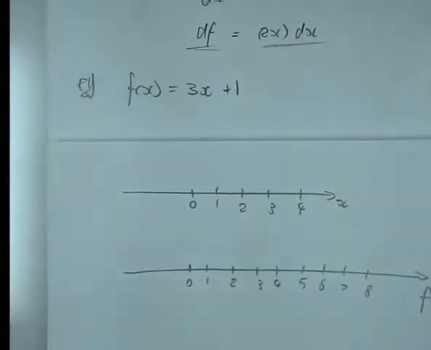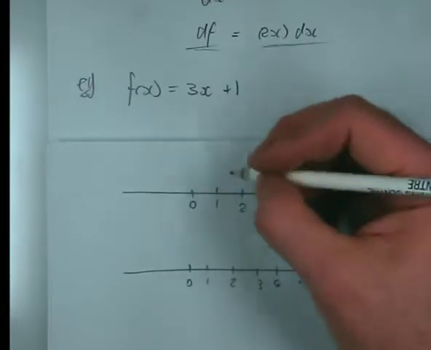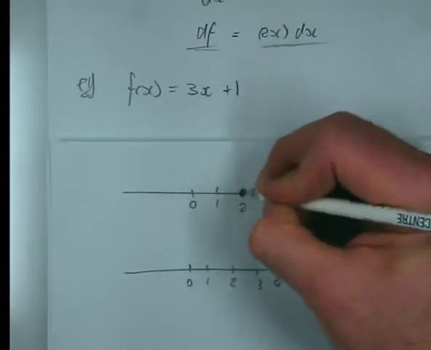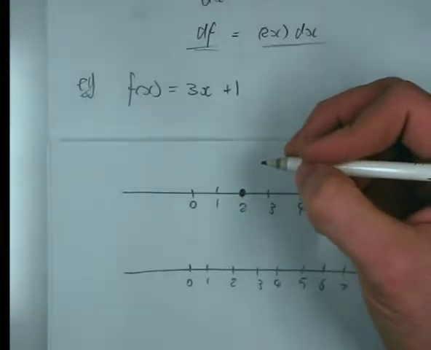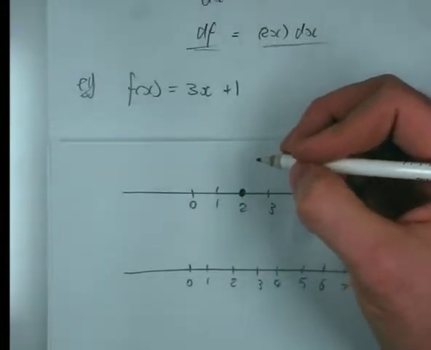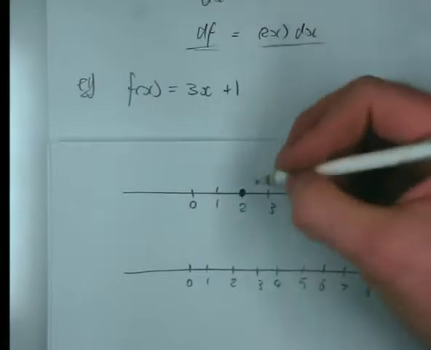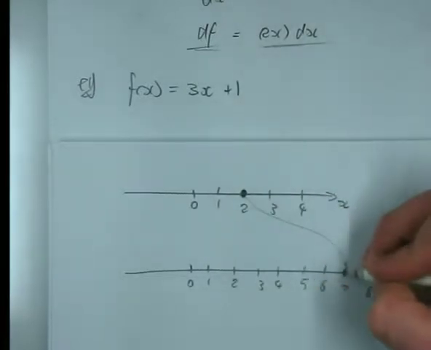Okay, so the concept is I have to be at a particular point. Let's pick this point here. Doesn't have to be 2, it could be any point. And I do a calculation to figure out where that goes. So if I put 2 into the formula, I'll get 3 times 2 plus 1, which is 7. So this one goes here.